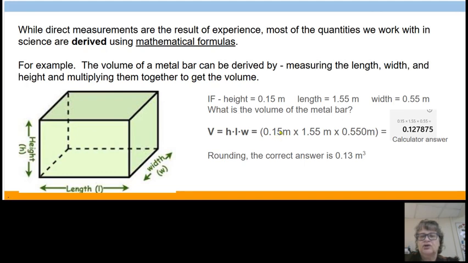So we have 1, 2, so there's 2 numbers here. And then this one has 3 numbers in it. And then this one has 3 numbers in it. So remember, we want to use the smallest number of numbers. So this one has 2 numbers in it, so we're going to shorten this to 2 numbers. So after rounding, my answer would be 0.13 meters cubed, right? Because if I take meters times meters times meters, I get meters cubed.